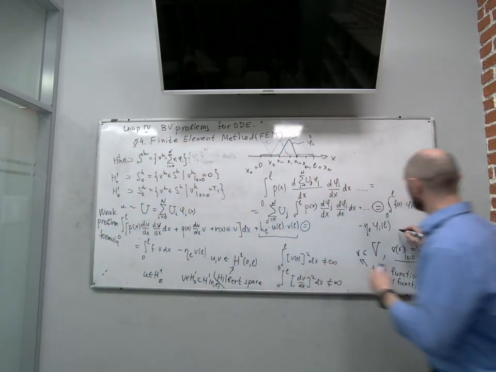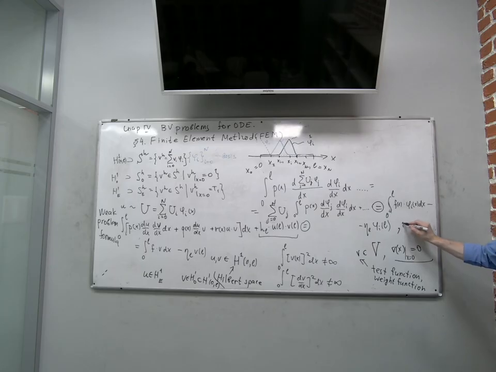So let me continue here. Sum over i, from what? Tell me. From 0? From 0 or from 1? 1. Why from 1? Phi 0 is always 0.